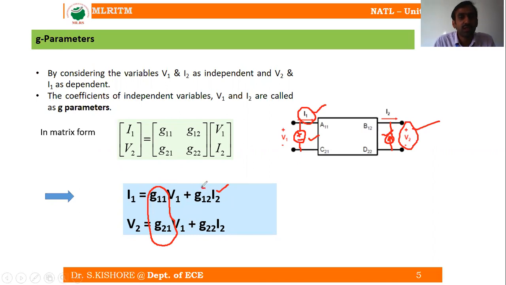To obtain G12 and G22, which are the coefficients of the output current I2, you have to make the input port V1 equal to 0. That means the input port is short circuited. By making this, we are going to obtain the parameters G11, G12, G21 and G22.